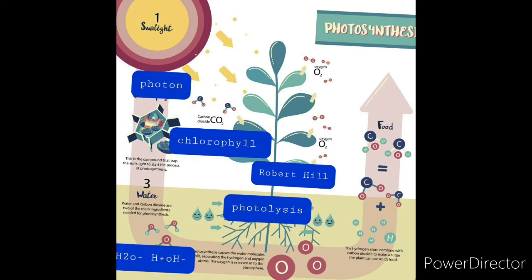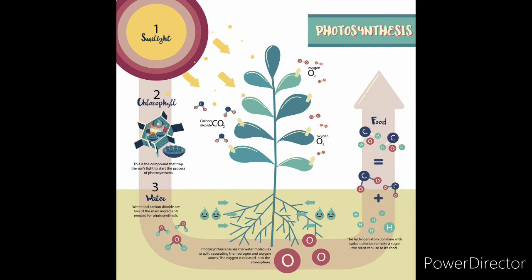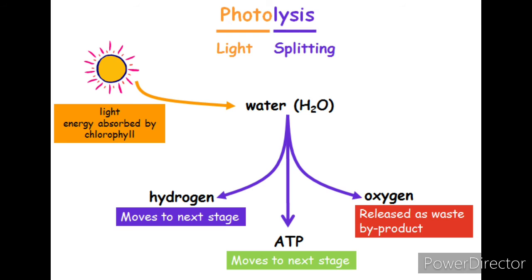The hydroxyl ion undergoes a series of reactions and forms water and oxygen. The water is utilized by the plant, whereas the oxygen is released into the atmosphere as a byproduct of photosynthesis. You can see in the diagram the photolysis, the light splitting.